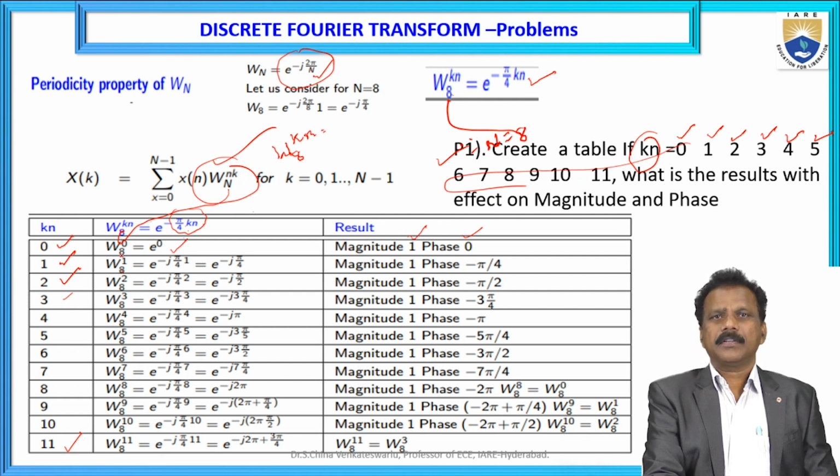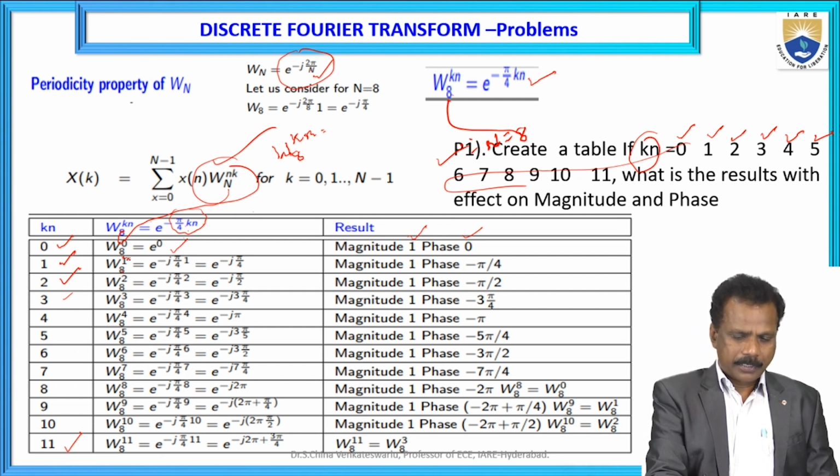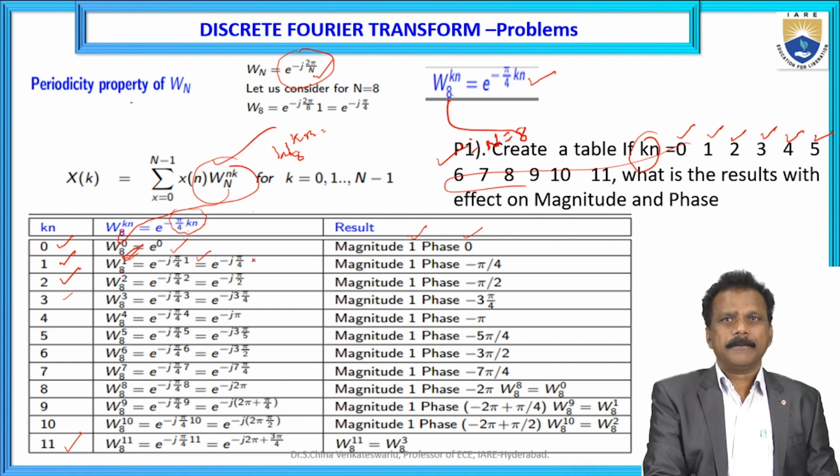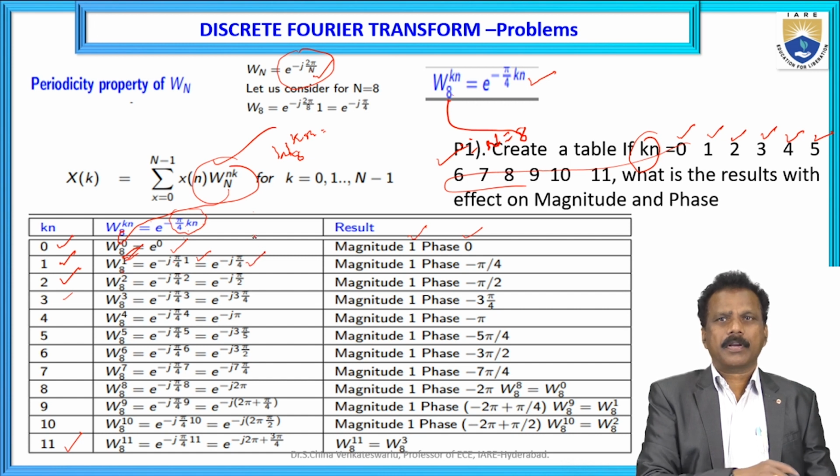For the weighting function W_8 with kn equal to 1, it is e^(−jπ/4 · 1), that is e^(−jπ/4).